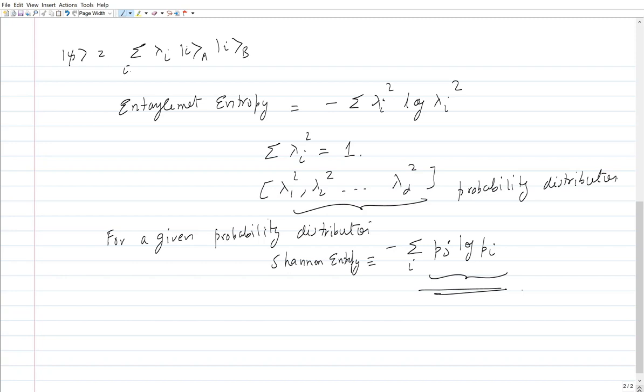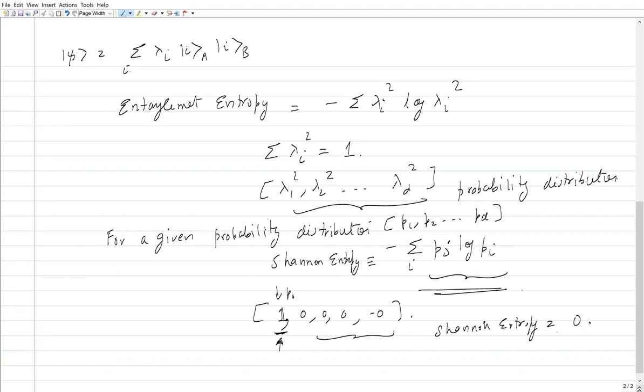In other words, let me just write down the probability distribution. If one of the pieces, piece 1 for example, is a certain event and the rest are all 0, well then each time I know that whenever I am sending a signal, with certainty I am going to receive the first symbol, and the Shannon entropy associated with this probability distribution is equal to 0.